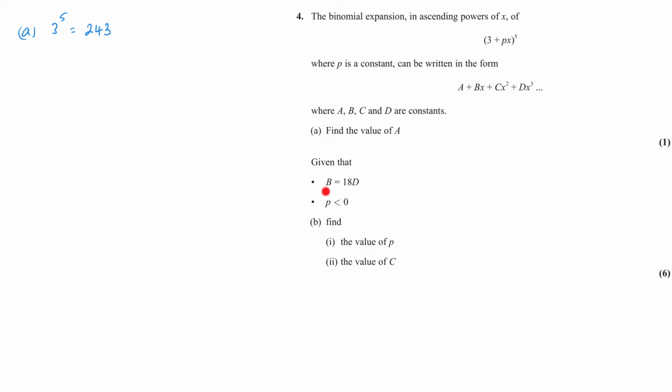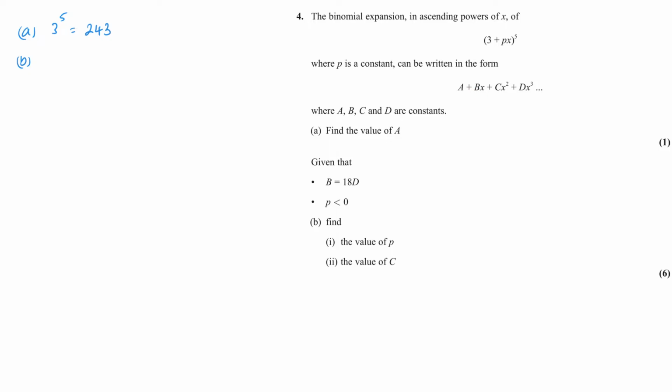Right, given that b equals 18d, p is less than 0, find the value of p and the value of c. Okay, so b is here, bx.